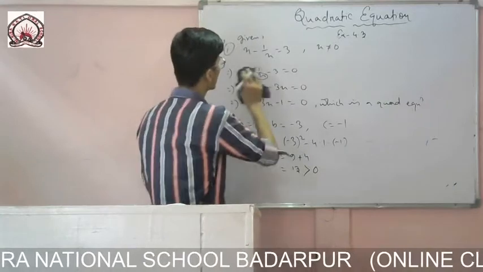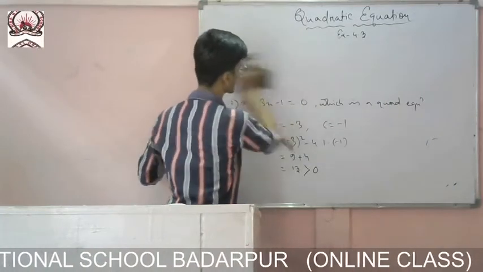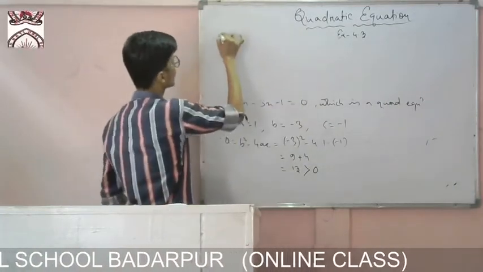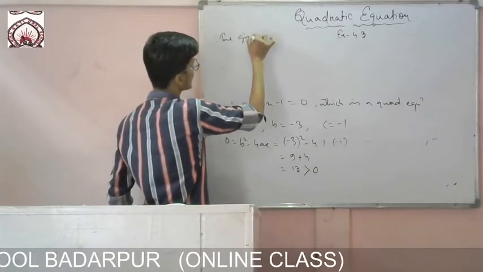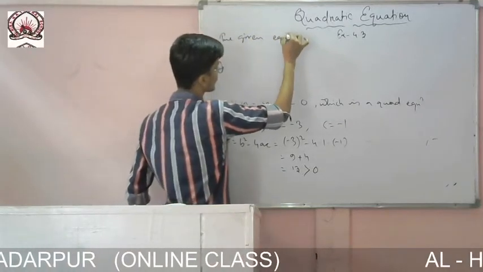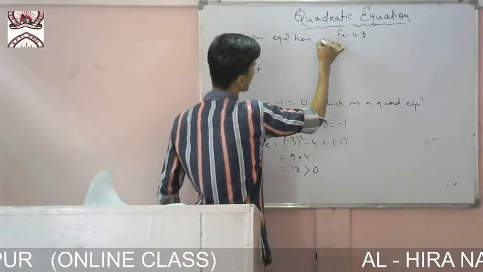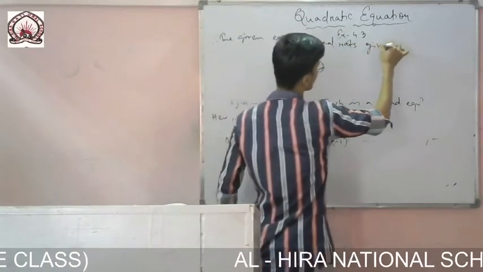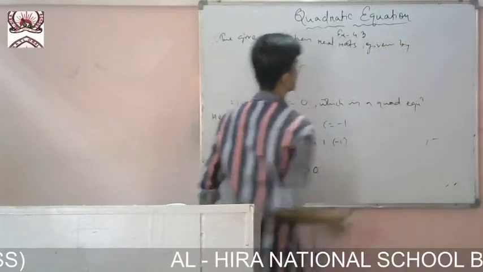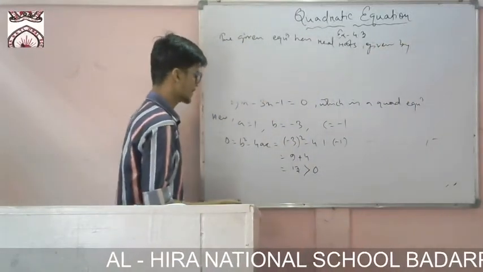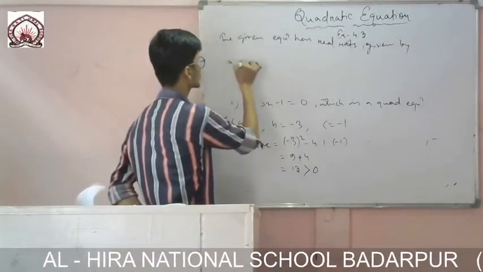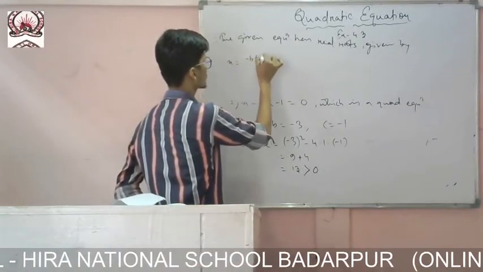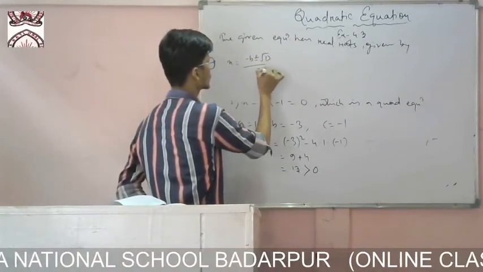So I can write, therefore the given equation has real roots, given by formula x equals to minus b plus minus root over D by twice a.